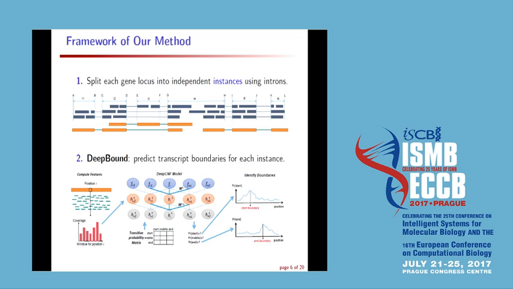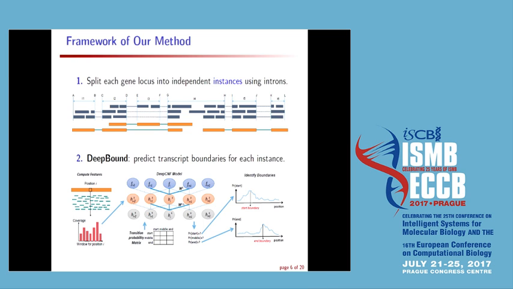In this example gene locus, we have 6 independent instances. We apply DeepBound to each instance to infer boundaries.